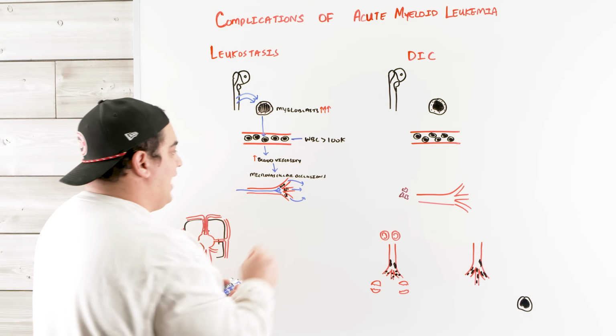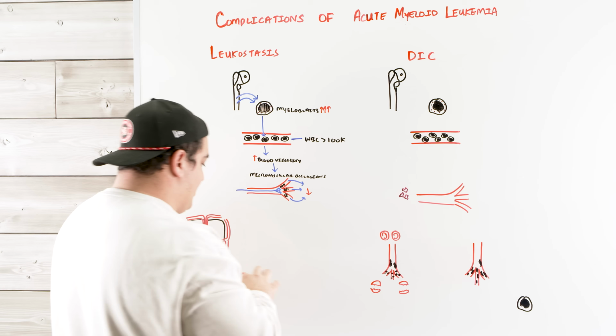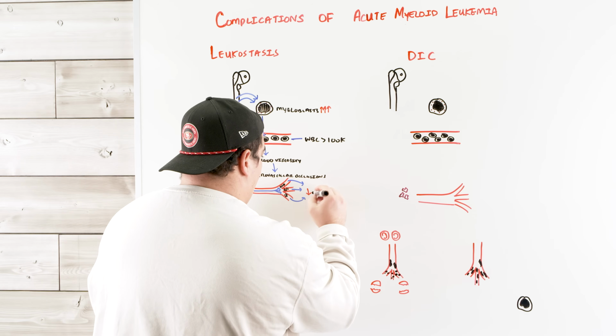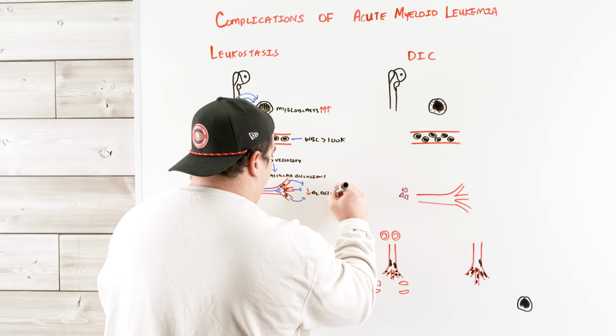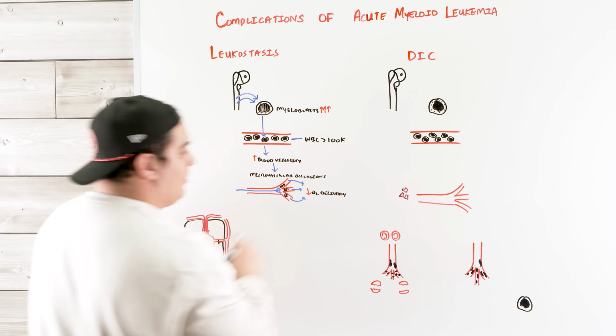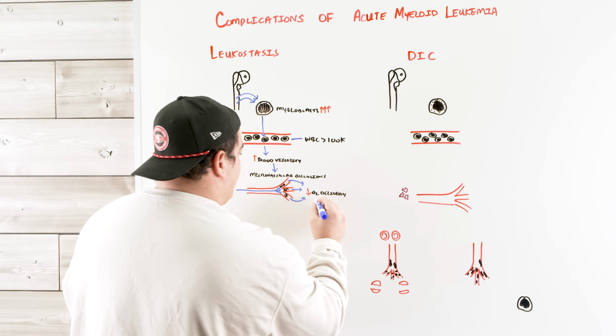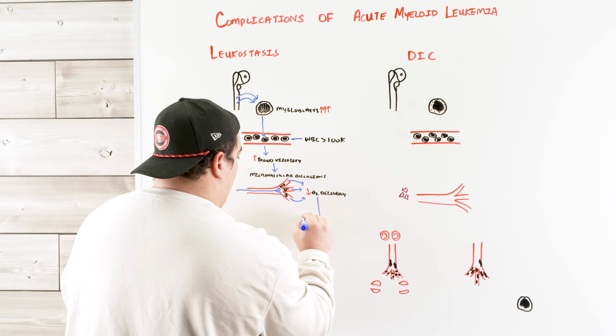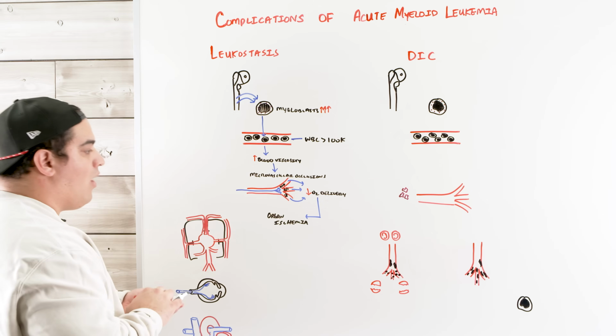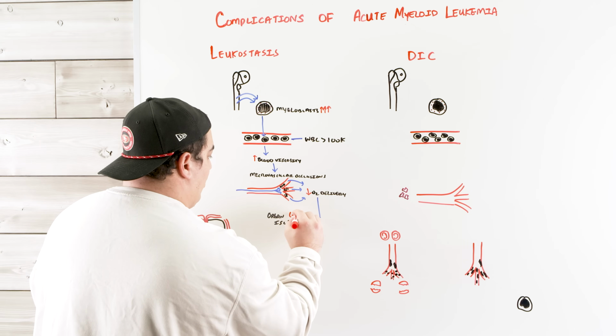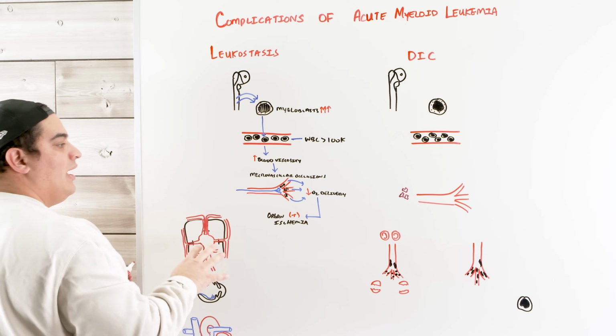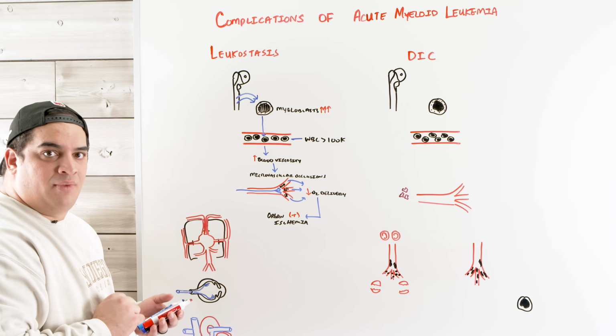No. As a result, there's going to be decreased O2 delivery. That decrease in O2 delivery, because of these white cells plugging up the microvasculature, can then present with organ ischemia. And if I start stimulating organ ischemia, this can present in different organ systems.